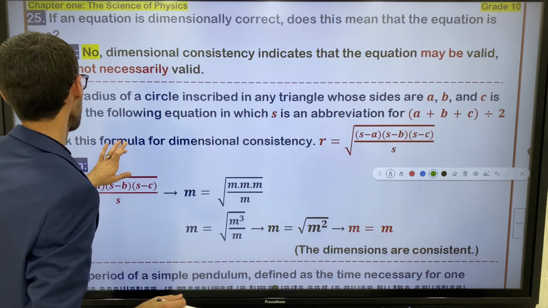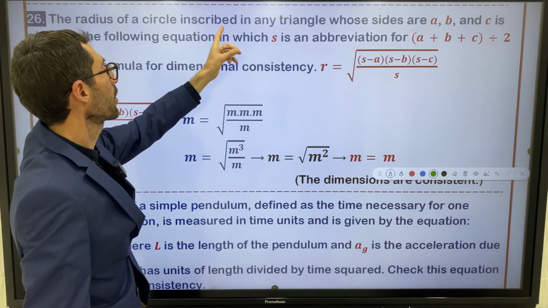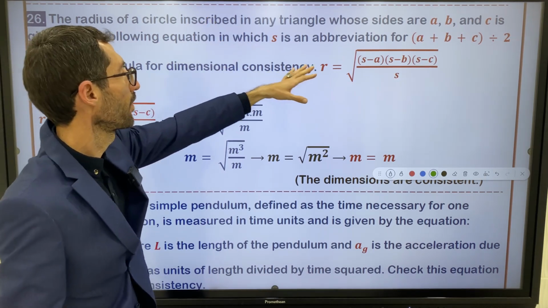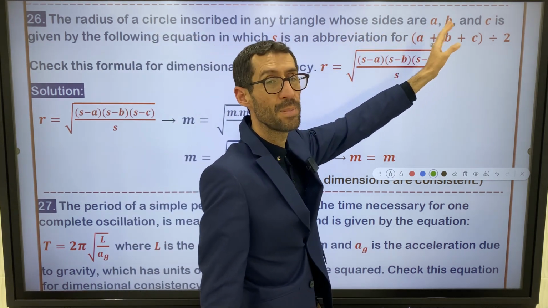Question 26. The radius of a circle inscribed in a triangle whose sides are A, B, and C is given by the following equation.